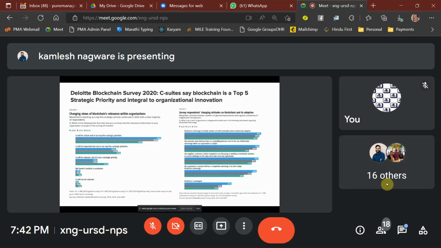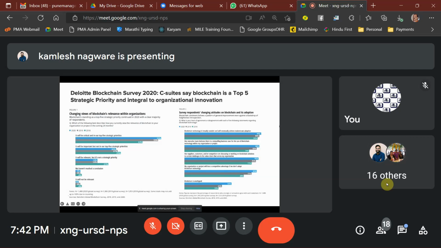This is another report from Deloitte. It shows that executives in the industry believe in blockchain, and year by year the adoption curve and maturity of blockchain is increasing.